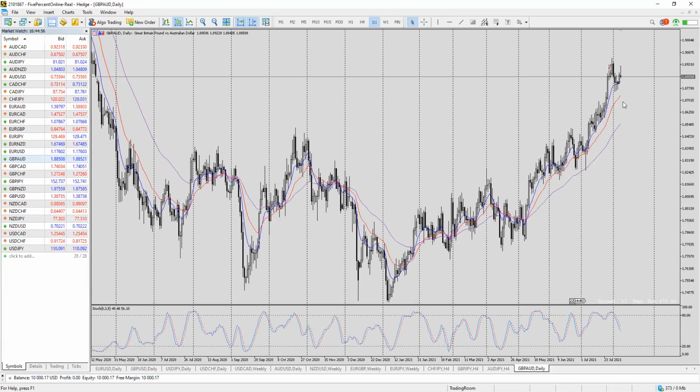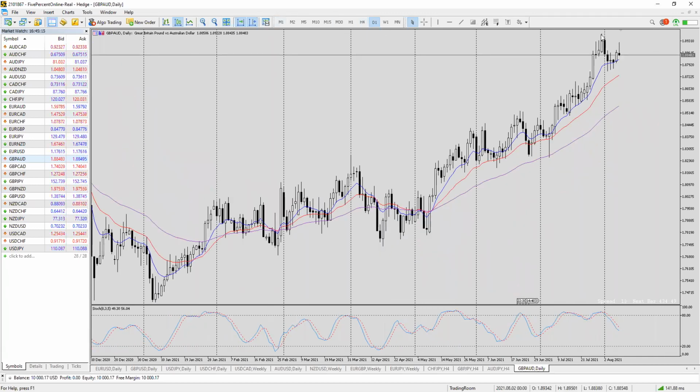Yeah, Pound Aussie, I spoke about it last week because the trend is very strong, or at least has been strong up until last week or the beginning of the month. The fact that it made some sort of a bearish engulfing candle may suggest some corrective moves ahead.